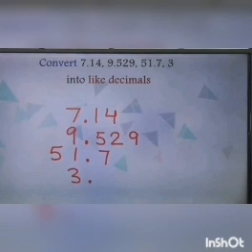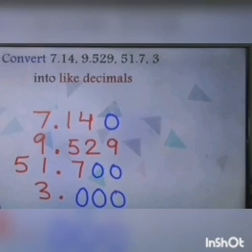It is 9.529, because it has 3 decimal places, so I need to make all the numbers have 3 decimal places. I can do that by adding extra zeros. I need 1 zero for 7.14, 1 zero for 51.73, and 3 zeros for 3. So now we have converted unlike decimals into like decimals.